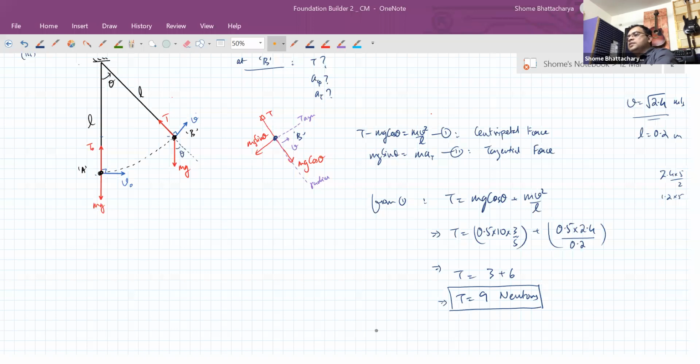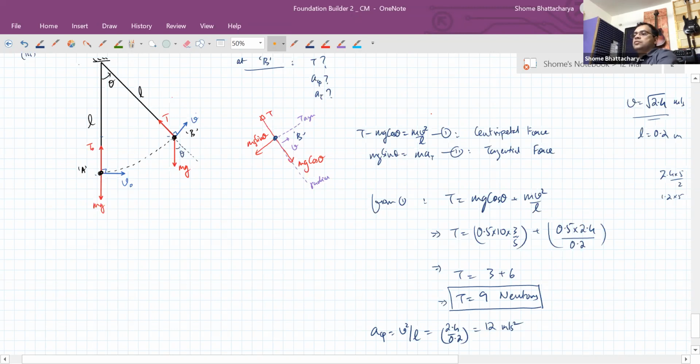And centripetal acceleration, that's V square by L. So that is 2.4 divided by 0.2. So that's as much as 12 meters per second square.